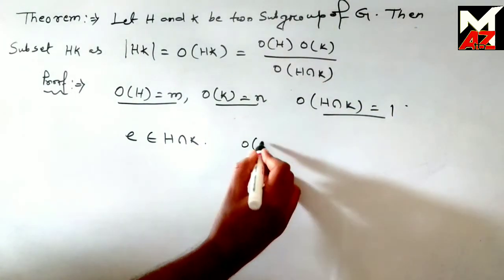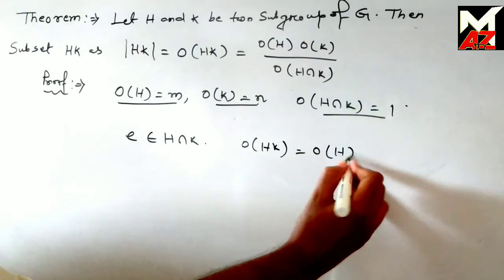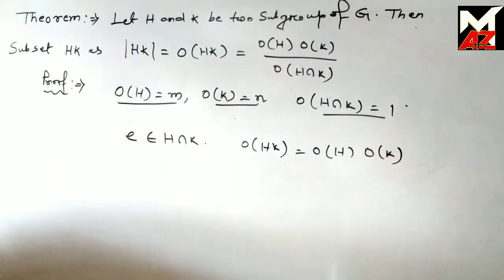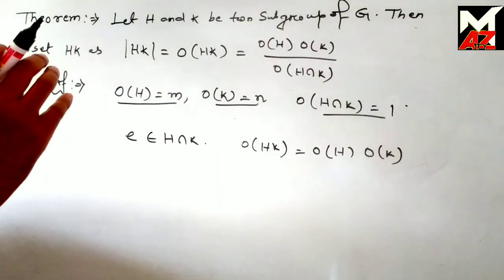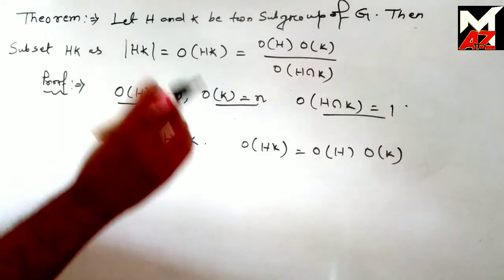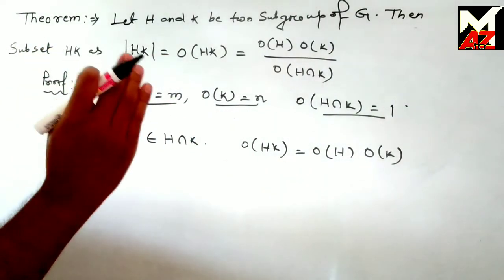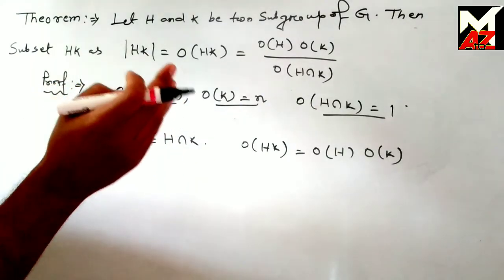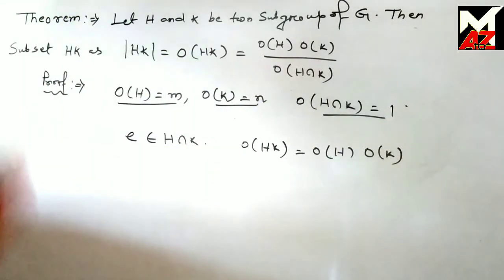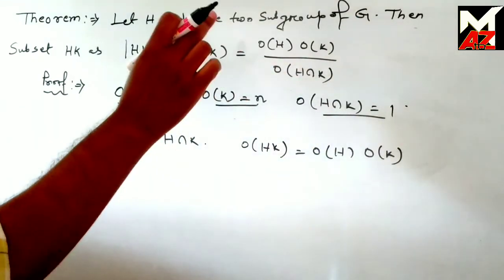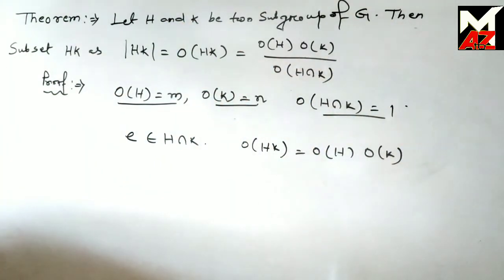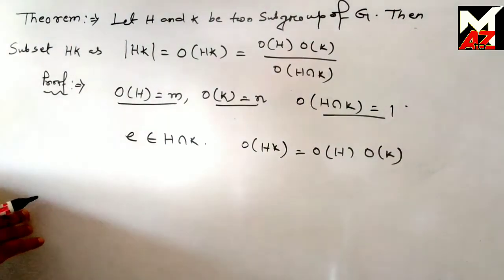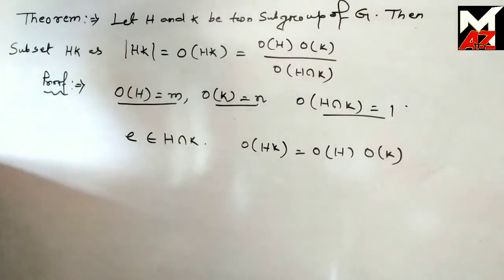So in this case, order of HK is equal to order of H into order of K. Okay, and if HK becomes a subgroup, then we can also find the order of the subgroup HK of the group G from this relation or from this theorem. Okay, and these two are today's topic of class.